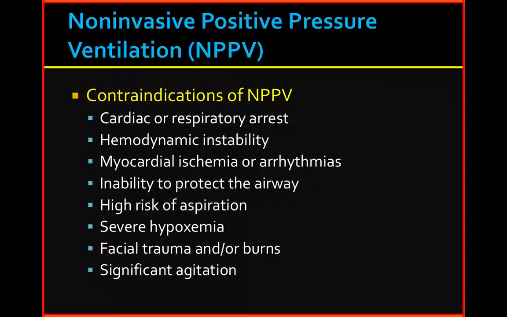Now, just to further complicate this, we can have the ventilator be in charge of when the patient gets a breath, or we can have the patient be in charge of when they want to get a breath.